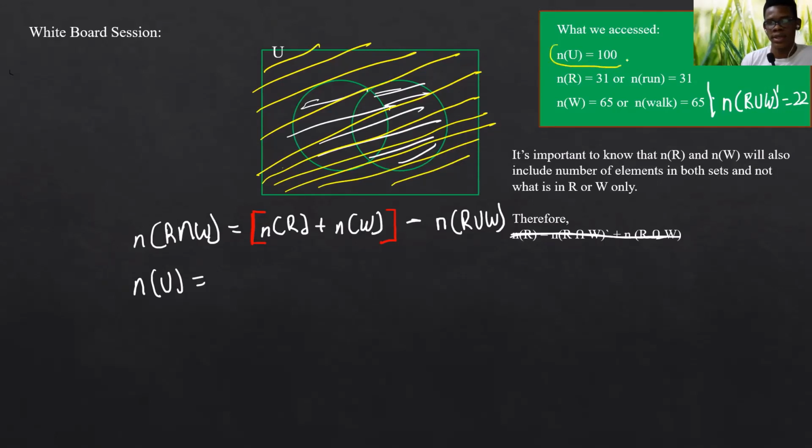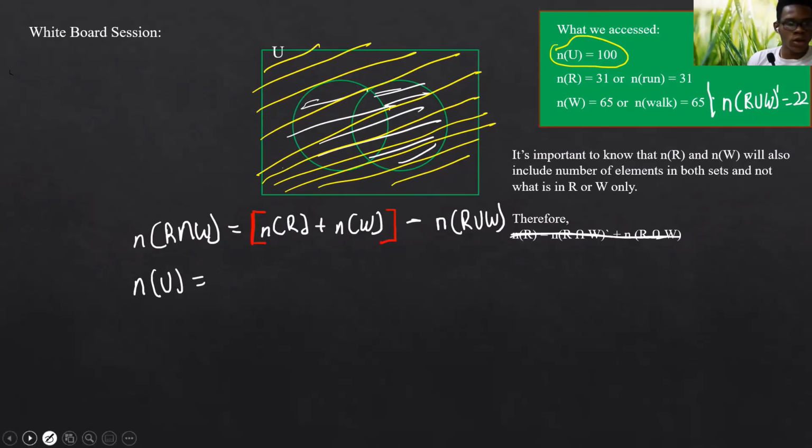This might get a bit confusing. That's 100, the entire rectangle, and we want to know this part of the rectangle, which is just the two circles. We want to know the union of the two circles, the white part, sorry.